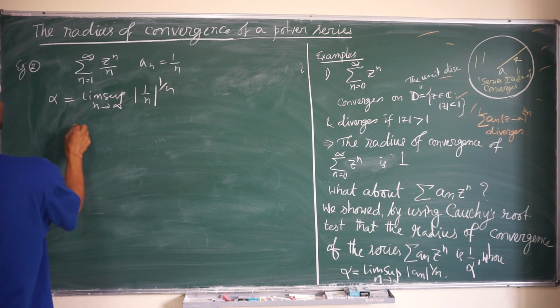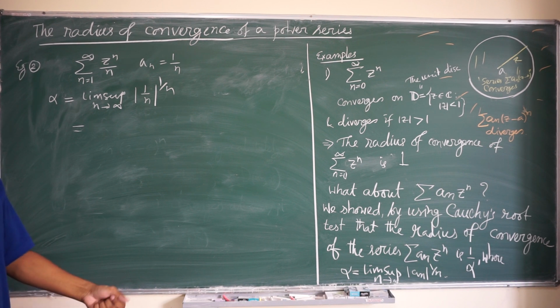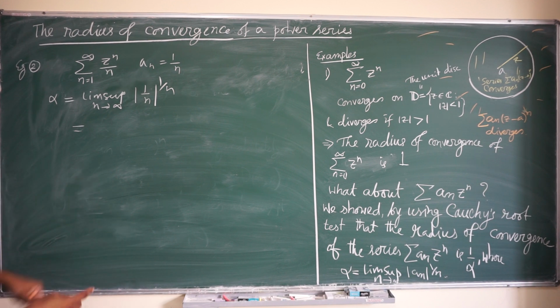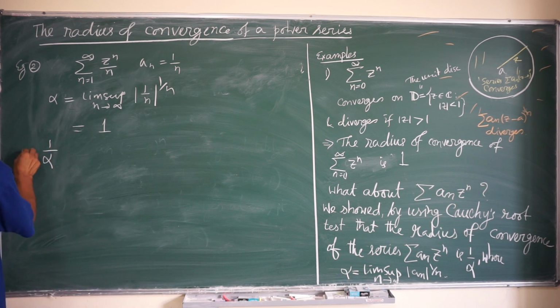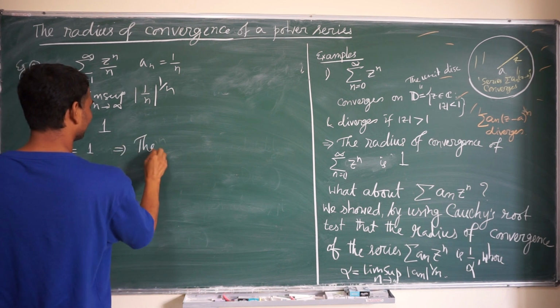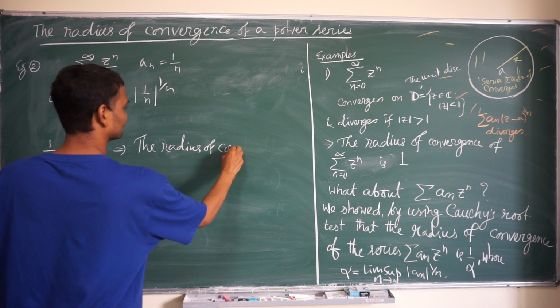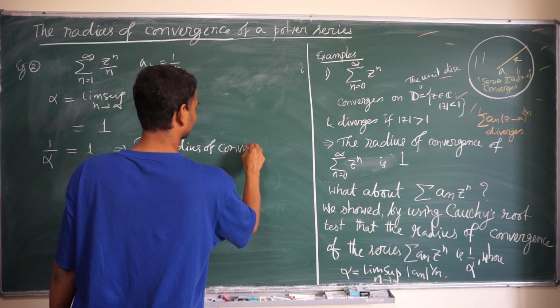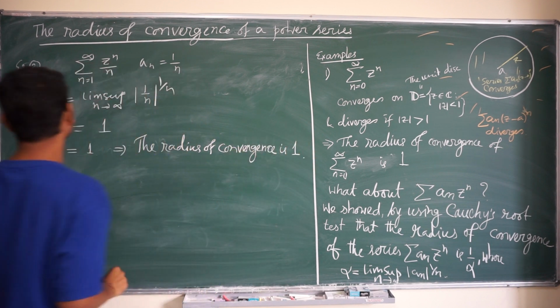So what is this? Limit of n to the power 1 over n goes to 1, as you all know from a very basic course in analysis. So this alpha will be 1. So 1 over alpha, which is also 1, implies the radius of convergence is 1. Alright.